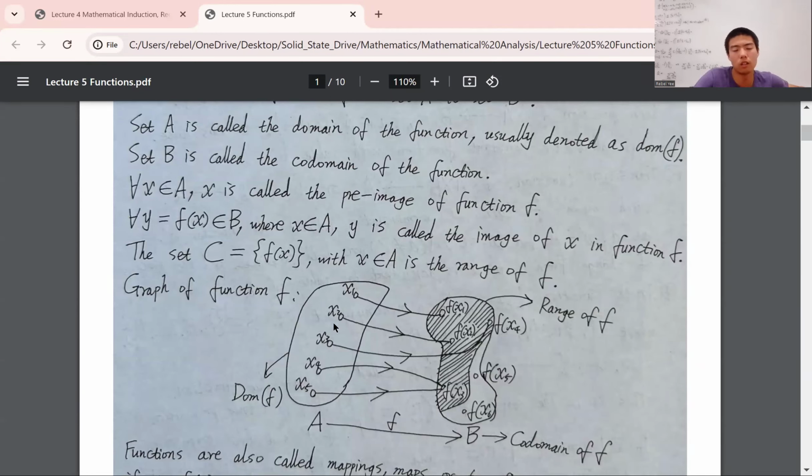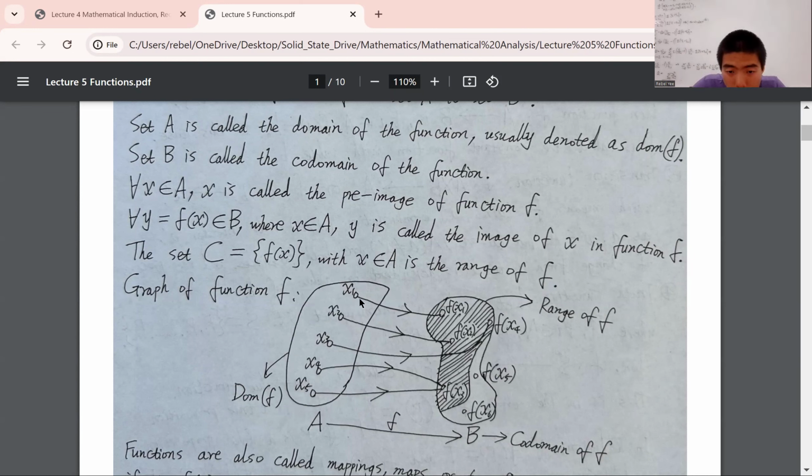In this picture, you can see it's very obvious. This is the domain of f. The shape on the left is A, which is the domain of f, and the larger shape on the right side is B, which is the codomain of f.